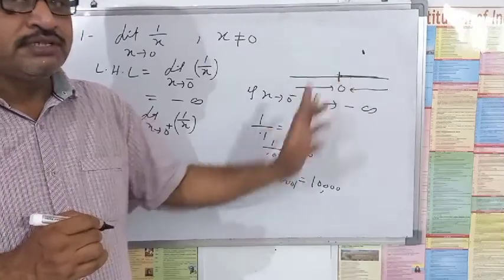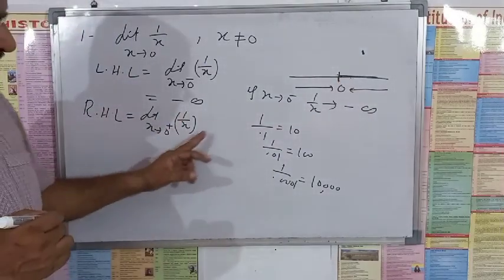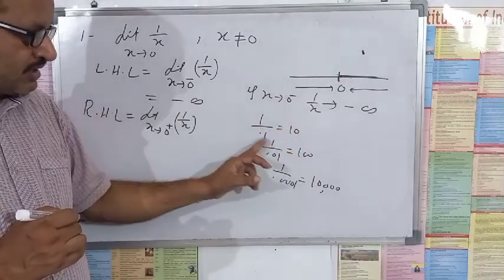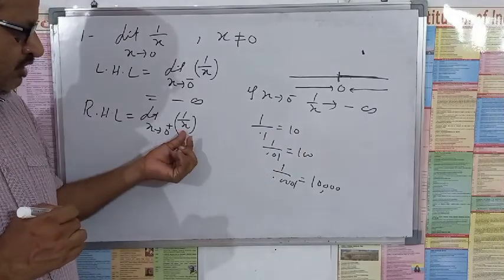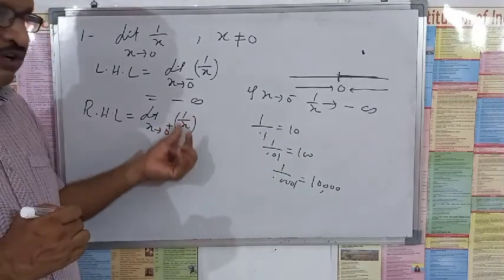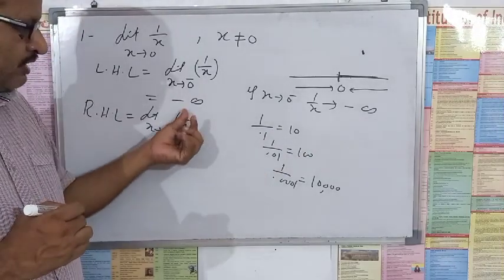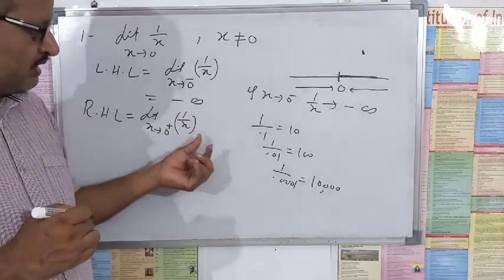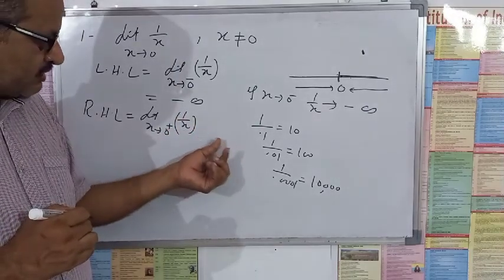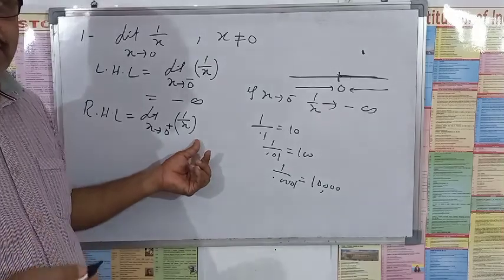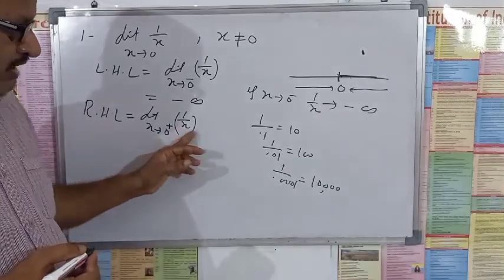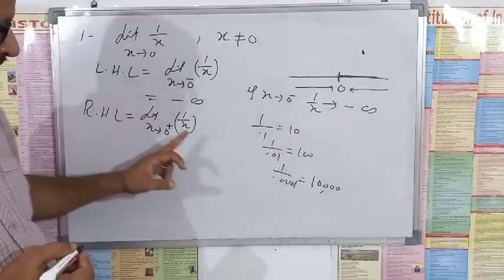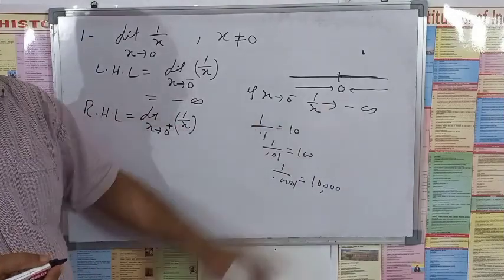So as x tends to 0, what will 1 by x be? We have seen that as the denominator decreases, 1 by x increases. So as x is very small, 1 by x will be very large. So 1 by x tends towards infinity. x is positive, so it will be plus infinity.